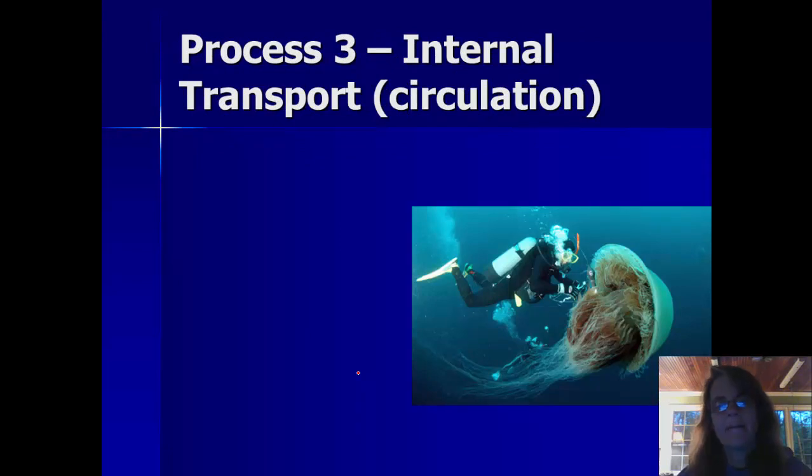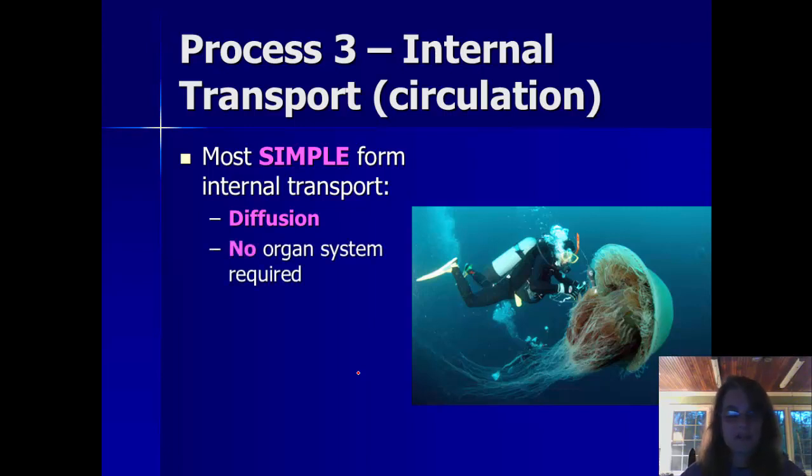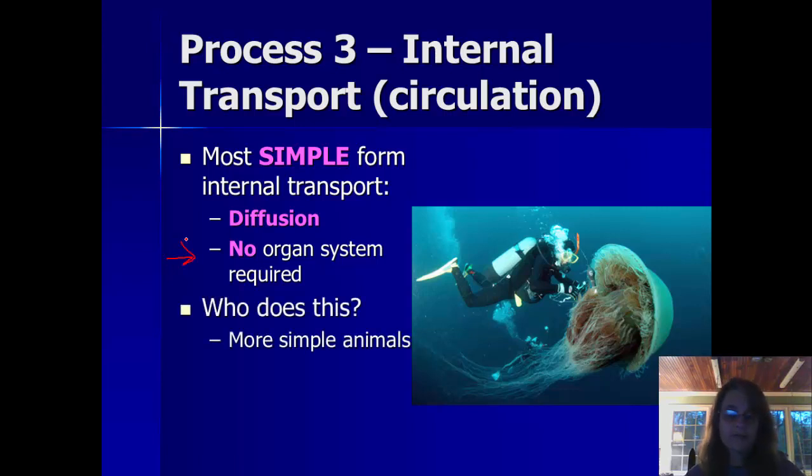Okay. The most simple form of internal transport, of circulation, if you will, is not really a system at all. It's simply diffusion from cell to cell to cell. Okay? There's no organ system required to do this. And as you can imagine, it is definitely our more simple organisms, our more simple animals that rely on diffusion alone.